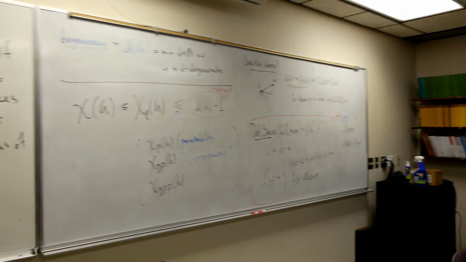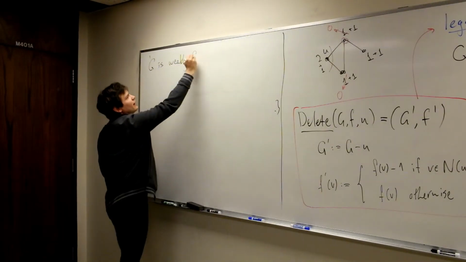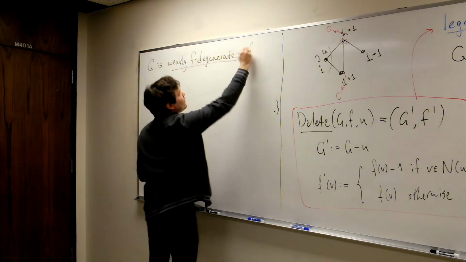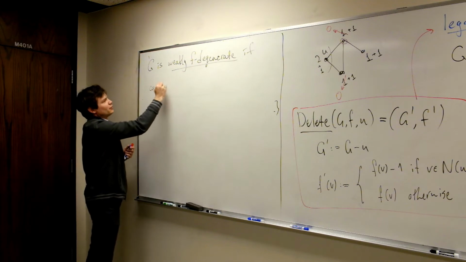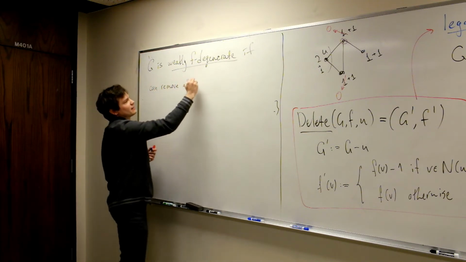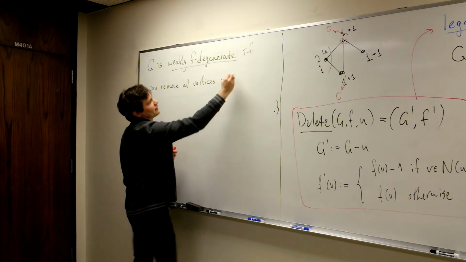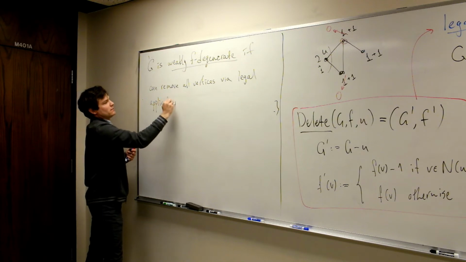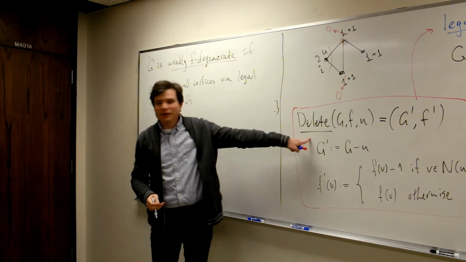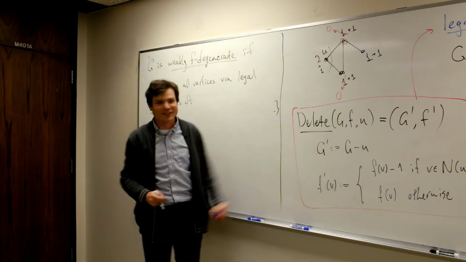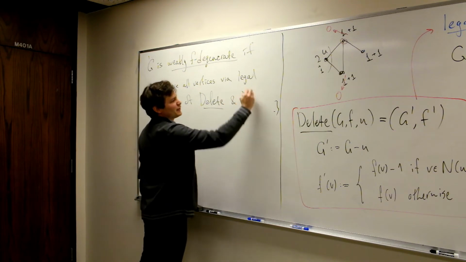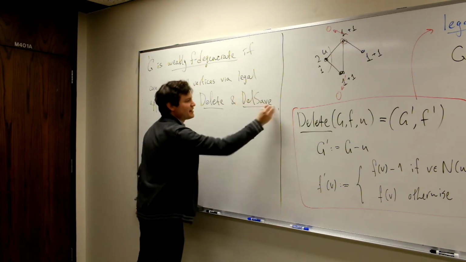So I'm going to say that G is weakly F degenerate if we can remove all vertices via legal applications of, well, I'm allowed to use this operation as well. I don't require saving a color on every step. I can use the usual operation delete, but if I can, I may save colors in that way.